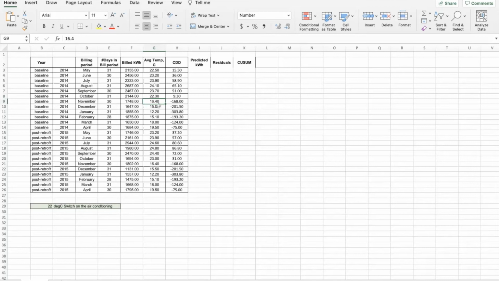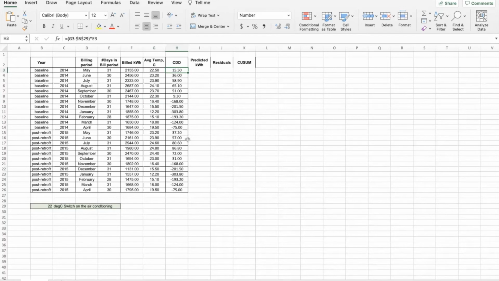If the temperature is below the set point 22, I don't need to supply any energy into the building. I don't need to cool it because the ambient temperature is already below the target. So we don't need to do anything. In this case, the error is that we don't allow the negative number.